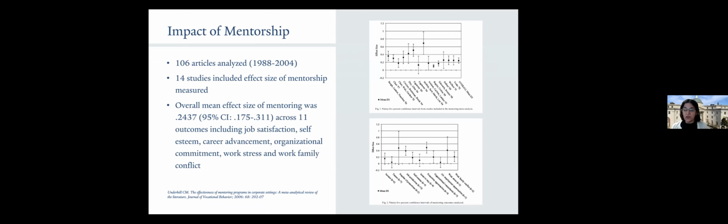So this is interesting. This is looking at all of academia, different programs. This includes nursing and law, and we talk a lot about mentorship in law schools, in nursing, in medicine. They looked at 106 articles over a really long period, and only 14 studies measured mentorship. They looked at mean effect size, the bottom panel tells you the effect of mentorship, and also on other things such as income, et cetera.